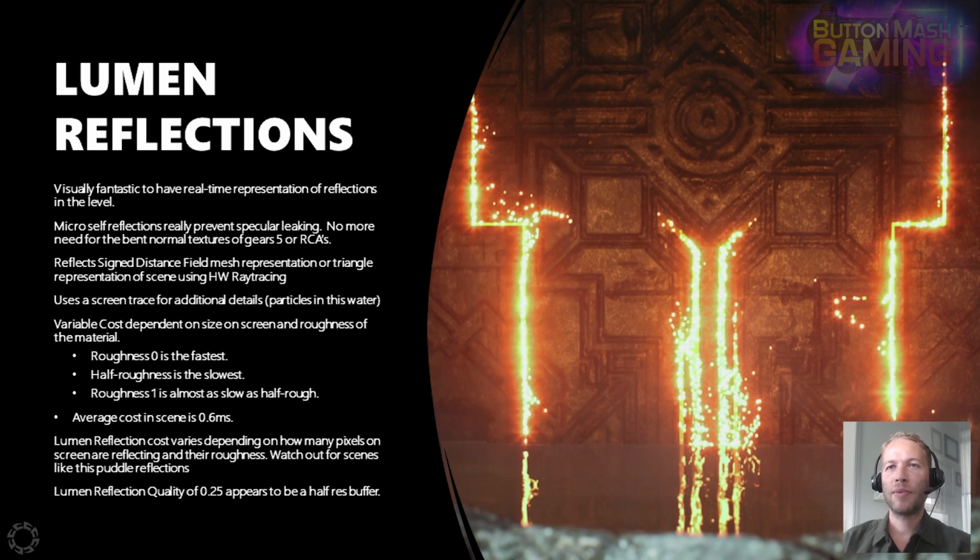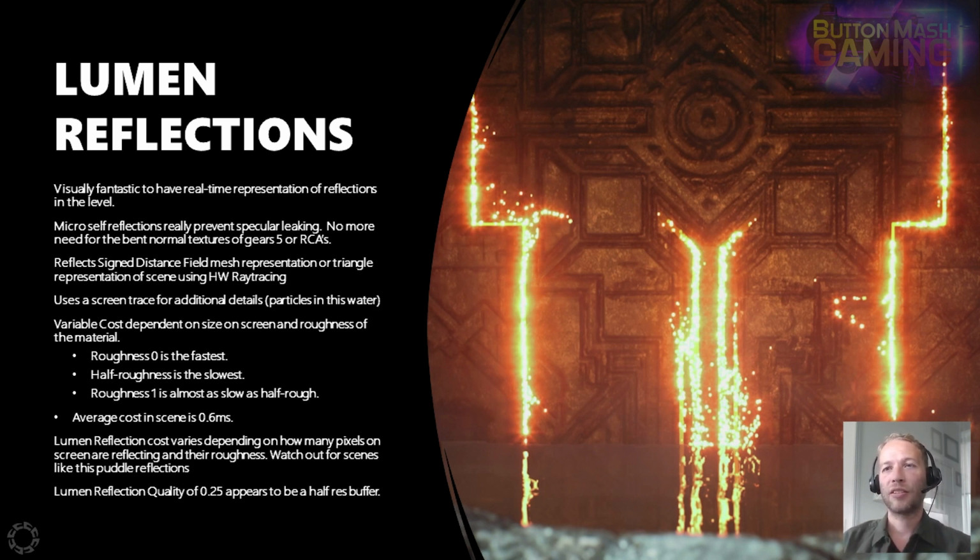The one issue here we see is the variable cost dependent on size on screen. So we kind of got spoiled with RCAs on Gears 5, where the RCA cost was pretty consistent for us. It was always between about 0.5 and 0.75 and didn't really change much. It was almost always about 0.6 something. Anyways, this can be quite variable now with Lumen reflections, depending, like I mentioned, on how many pixels on screen are reflecting and how rough that reflection is.